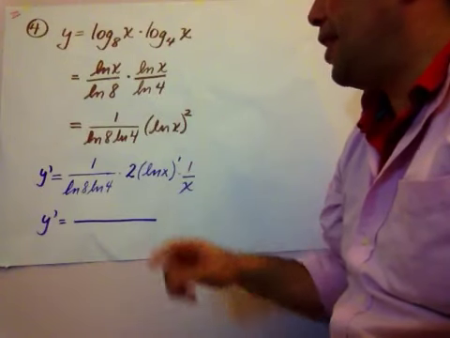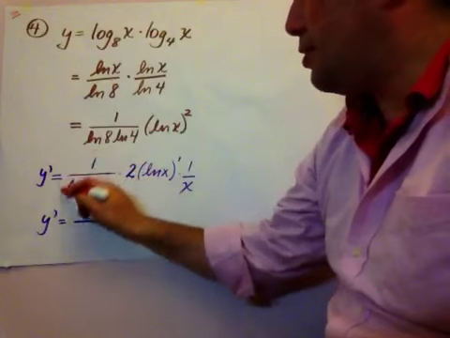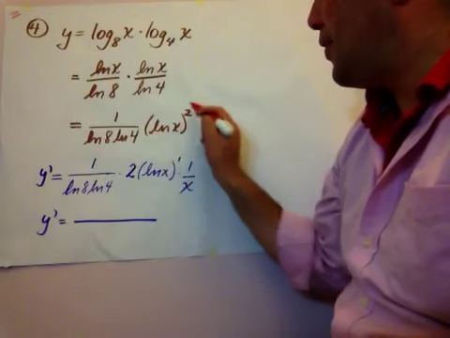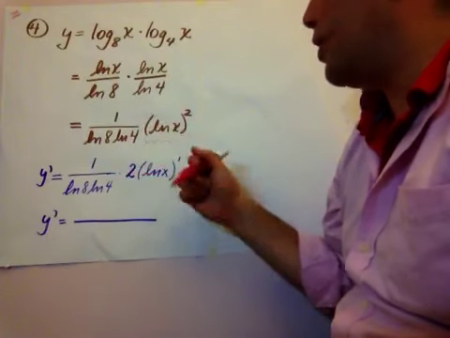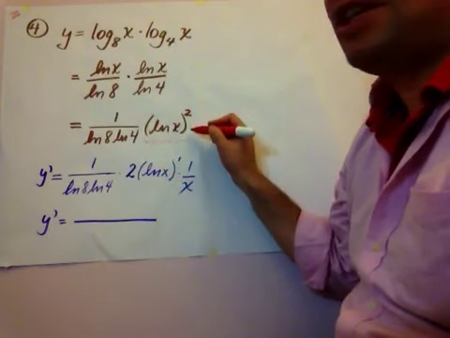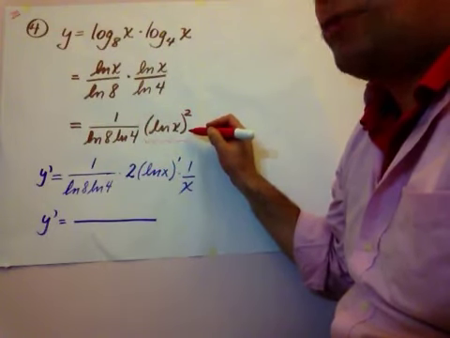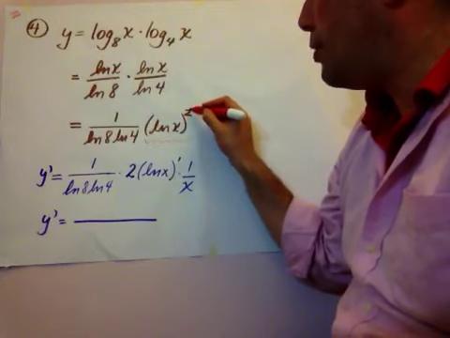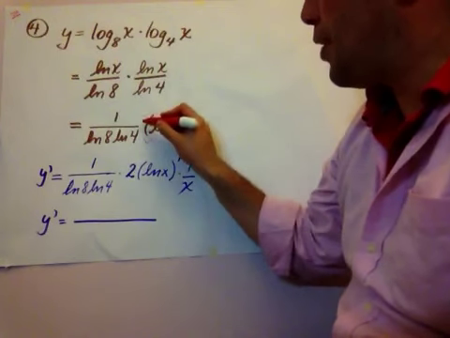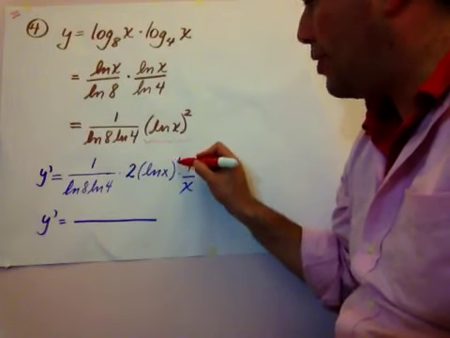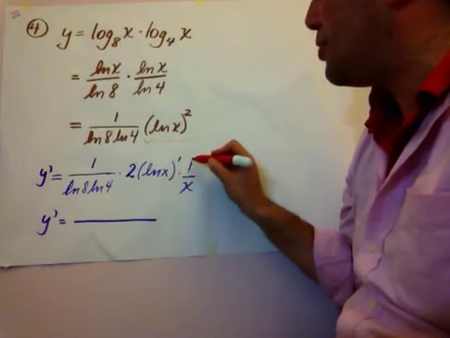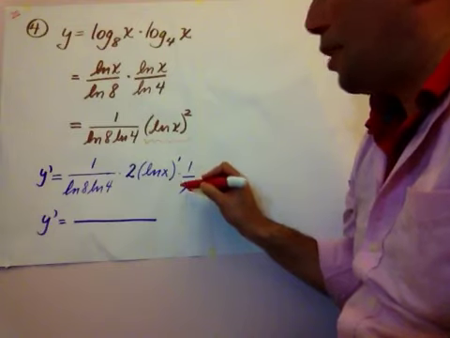The derivative then is the constant times the derivative of this part, which is a composition. We differentiate the outermost function, the square. So this brings down 2 ln of x to the 1st power times the derivative of ln of x, which is 1 over x.